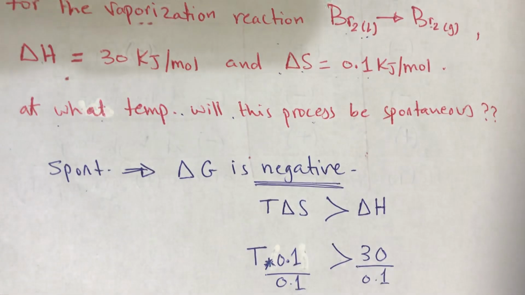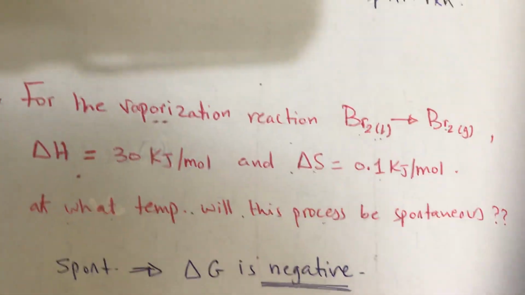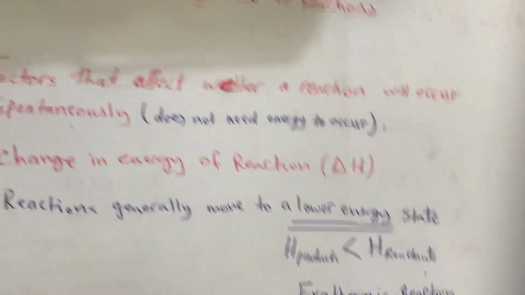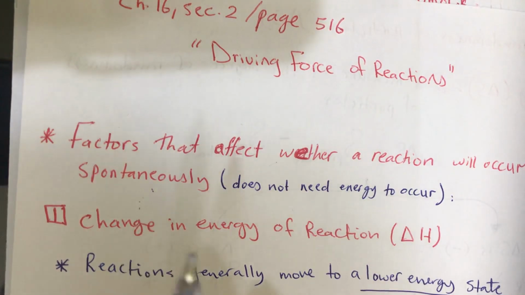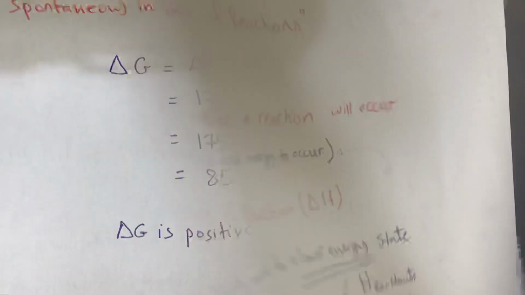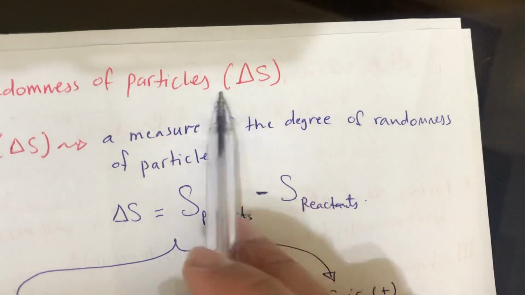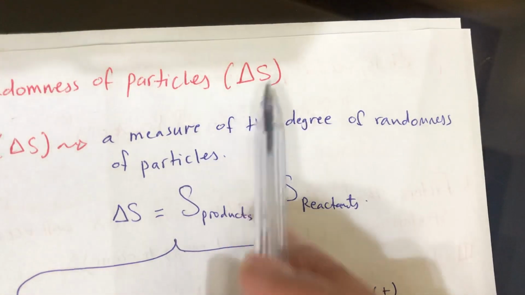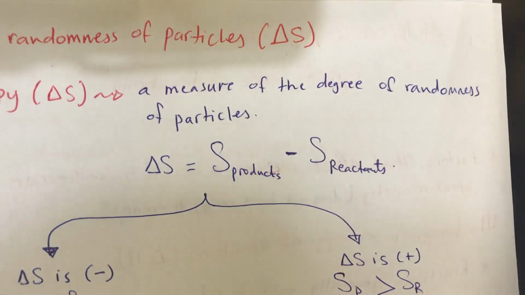So again, the factors that affect whether the reaction occurs spontaneously or not are two factors: delta H must be negative, and delta S must be positive. These two factors oppose each other. So which of these is the dominant factor?